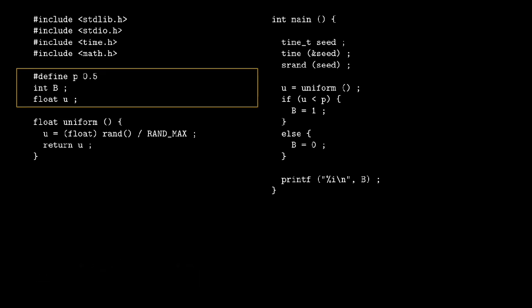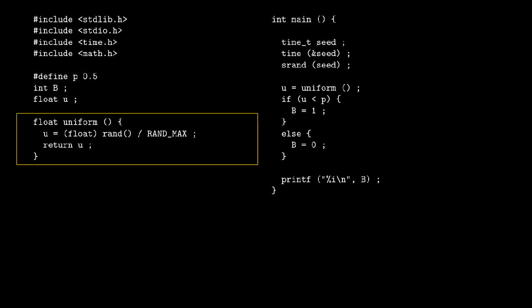Then the little subroutine you see at the bottom on the left is exactly what you have to use to choose a number uniformly at random in the interval 0, 1. I'm going to comment a little bit on this one right now, because this thing appears in all my next videos.